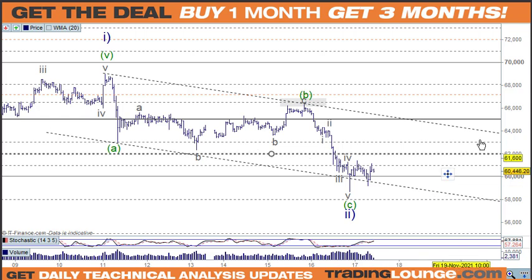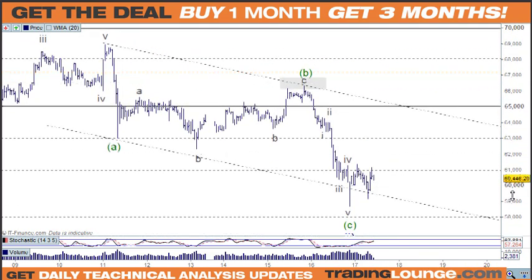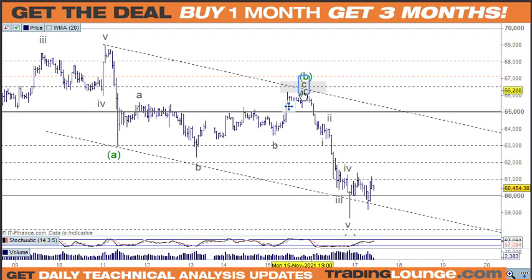But I have to say, it doesn't matter for Bitcoin because Bitcoin made this high above this high over here. Now Ethereum didn't make a new high above this one over here. It's lower. But it doesn't matter, we still need to take Ethereum's count and Bitcoin's count from this point here.